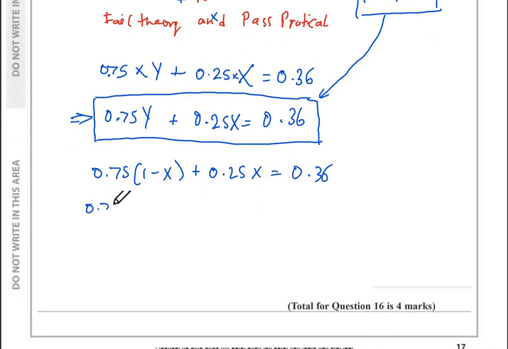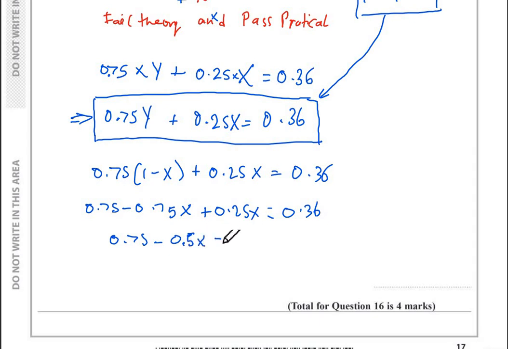Multiplying out of brackets gives us 0.75 minus 0.75x plus 0.25x equals 0.36, which gives us 0.75 minus 0.5x equals 0.36. And so now we could subtract 0.75 from both sides.